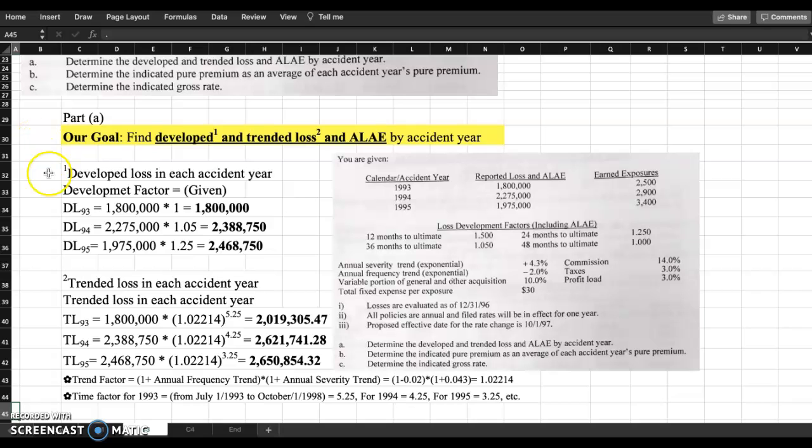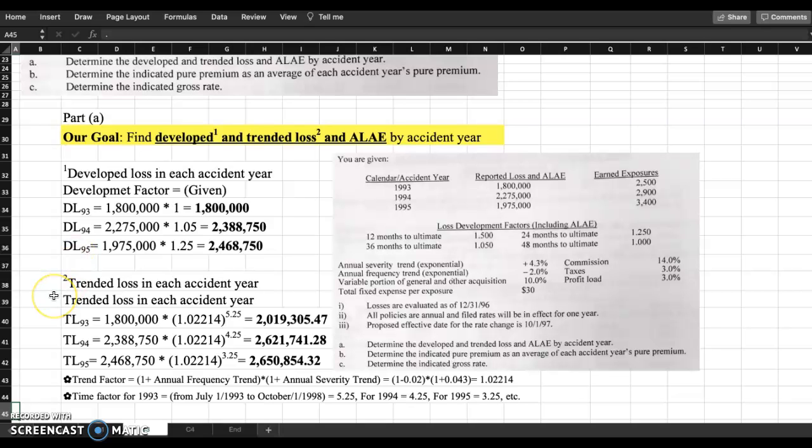In 1993, we have reported loss as 1.8 million, so we have that times the development factor, which is 1, and we have the following answers. It will go the same for 1994 and 1995.